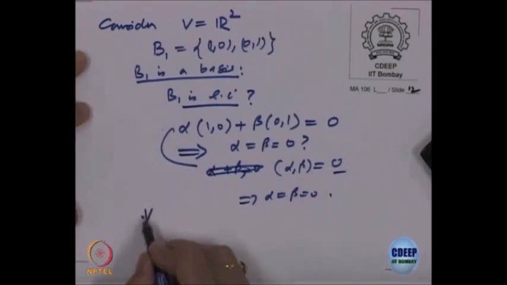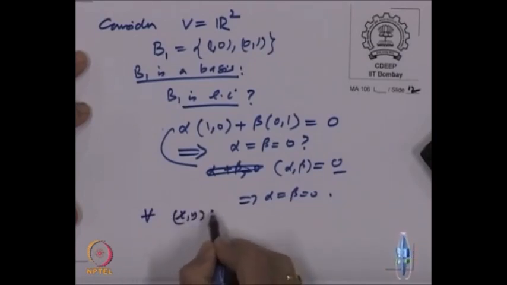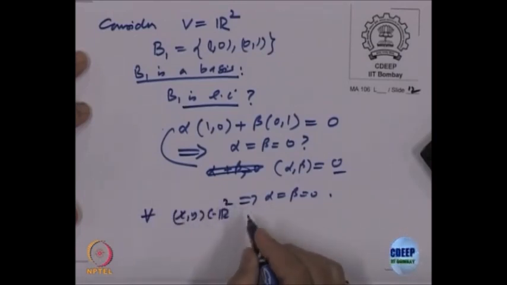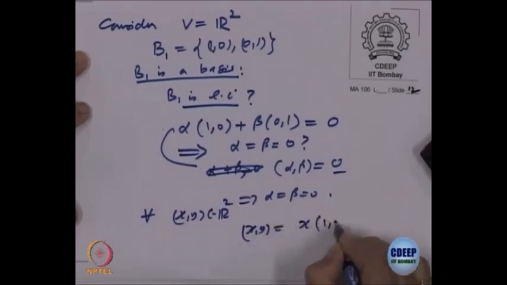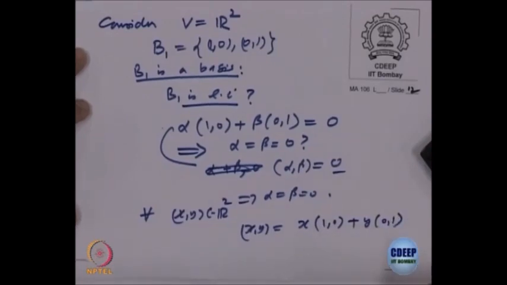Now, for every (x, y) belonging to R2, I can write (x, y) equal to x times (1, 0) plus y times (0, 1), right.